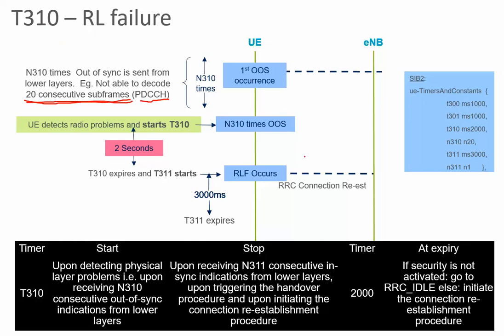That means radio link failure, and after that we try to synchronize with the eNodeB through the RACH procedure, random access, by sending a RACH request.